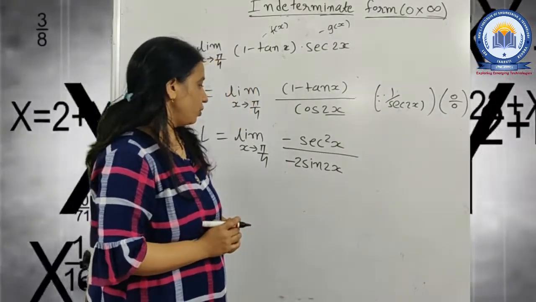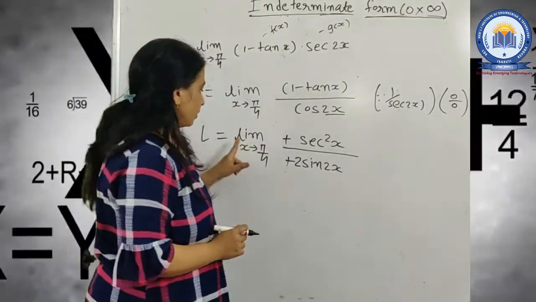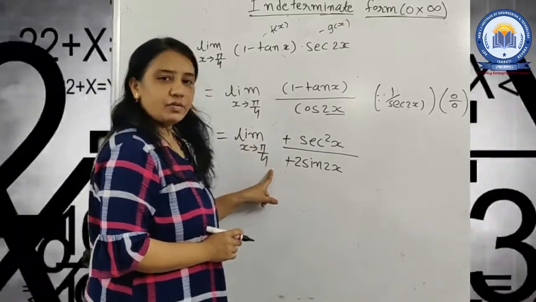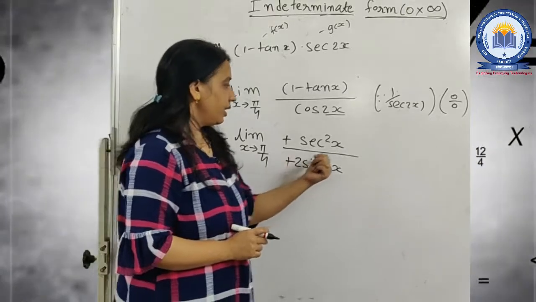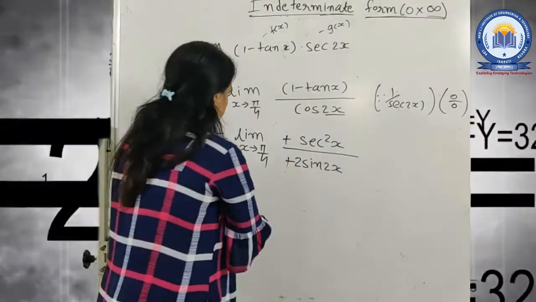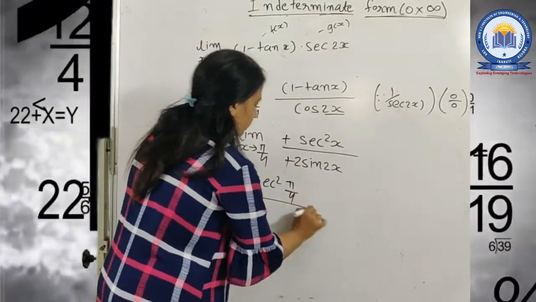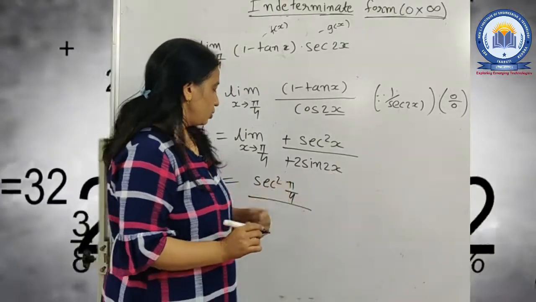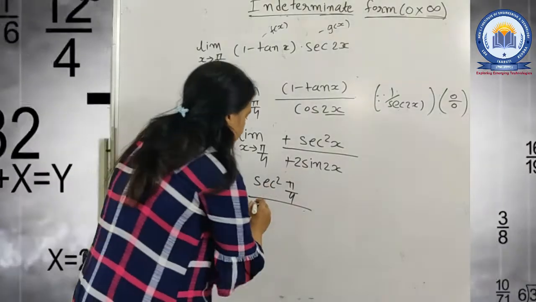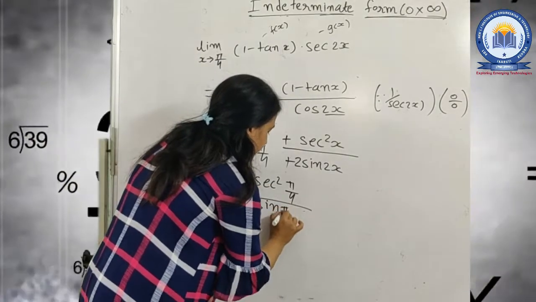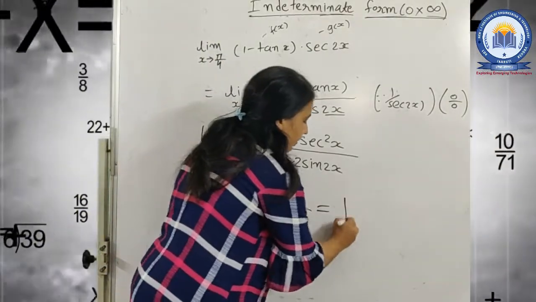Again, what we are going to do? This minus is supposed to cancel out, right? So limit x tends to pi by 4. We'll put x equal to pi by 4 in this equation. So we'll be having sec square pi by 4. Here sine 2x, so 2 into pi by 4, that will become pi by 2. So sine pi by 2, the answer of that, right, that will be 1.